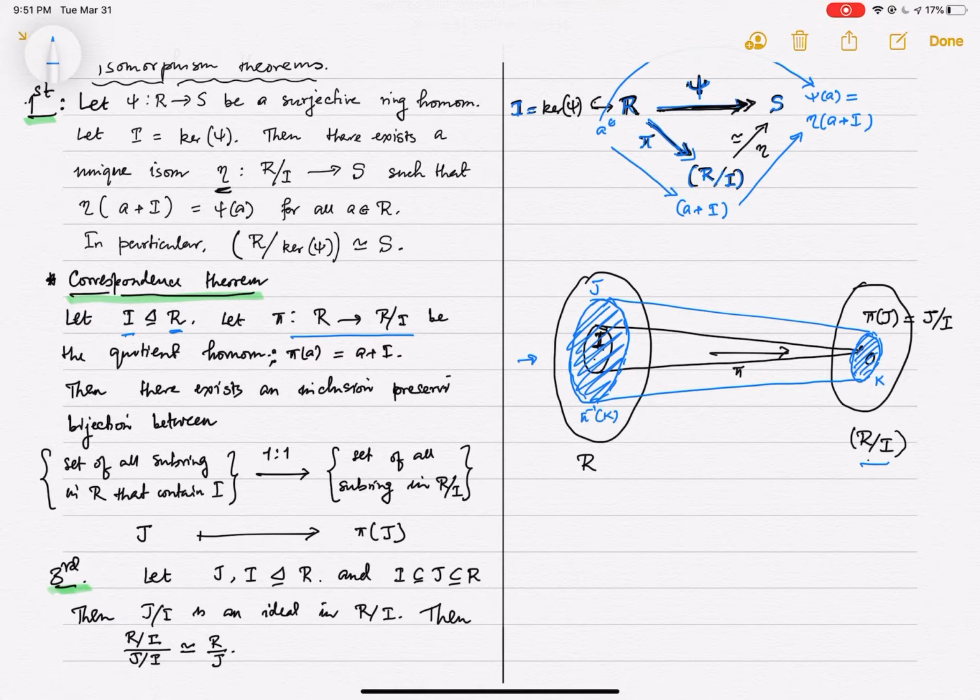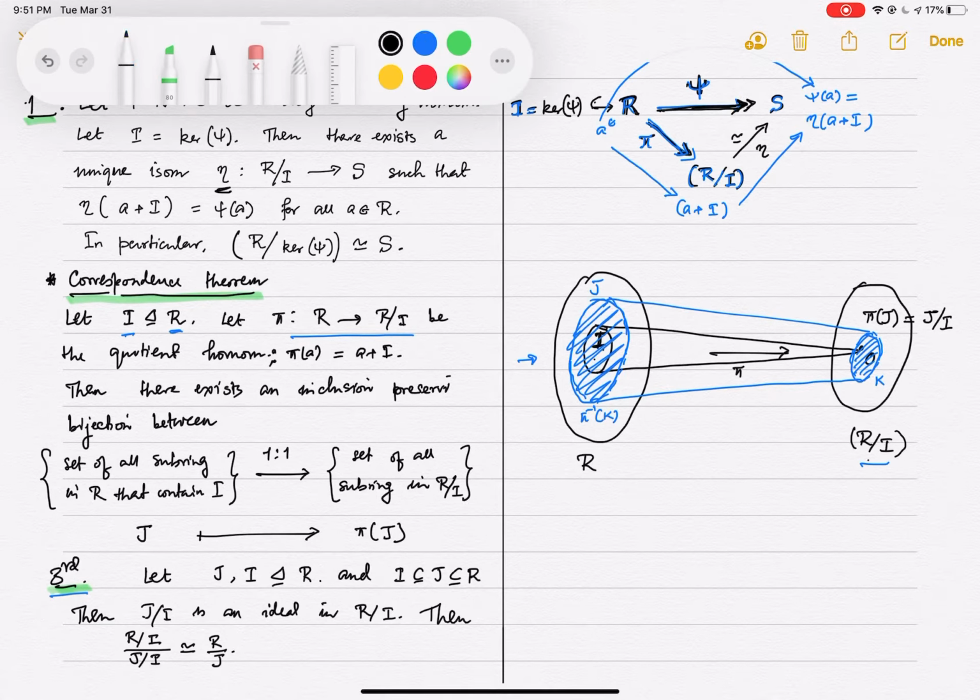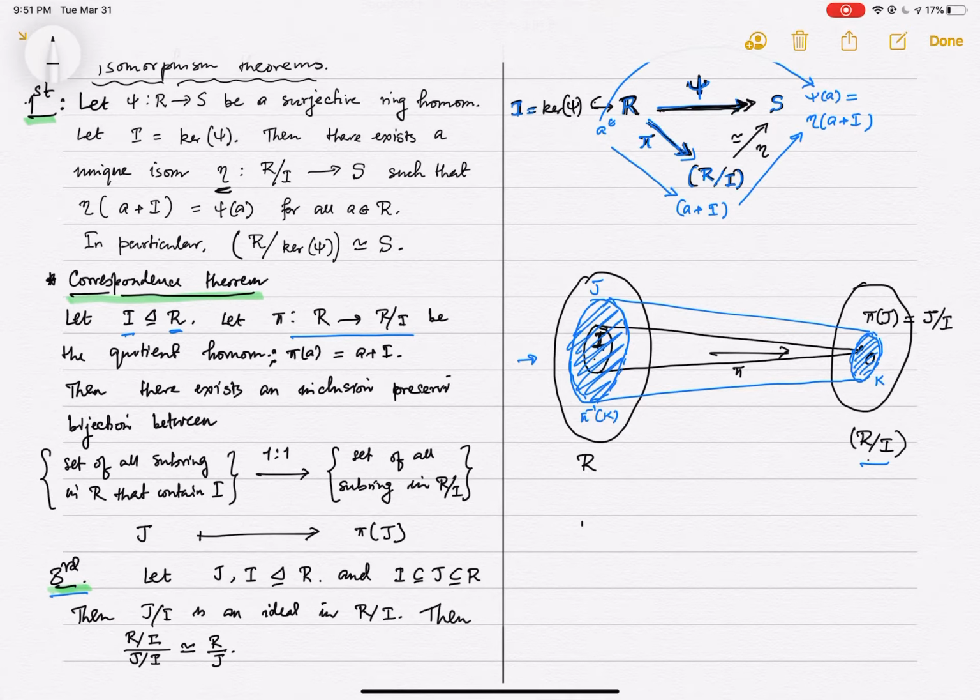The third isomorphism theorem said, down here, that when you have two ideals, I and J, so you have R, you have an ideal in there, and then you have a smaller ideal of R in there.